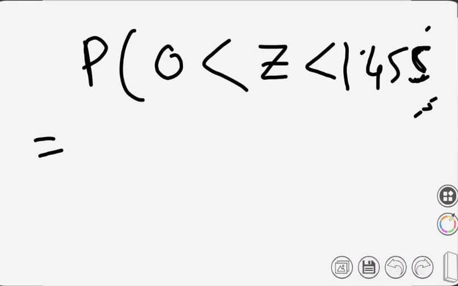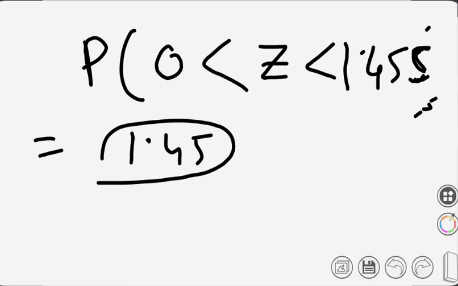What we'll do is find the value of 1.45. How much is the value for 1.45? The value is given as 0.4265.